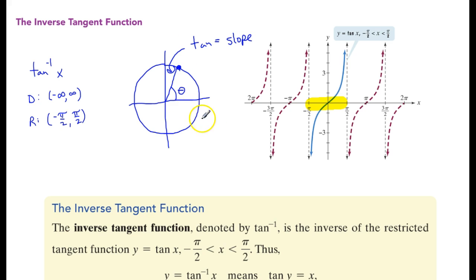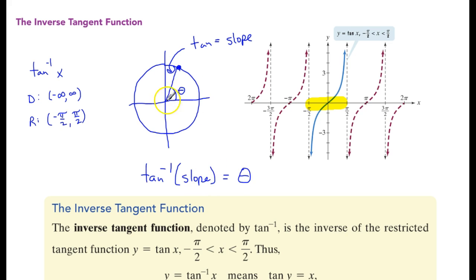So positive slopes here, negative slopes down here. Well, arctangent says, give me the slope. You input the slope, and it will output the angle that gives you that slope.